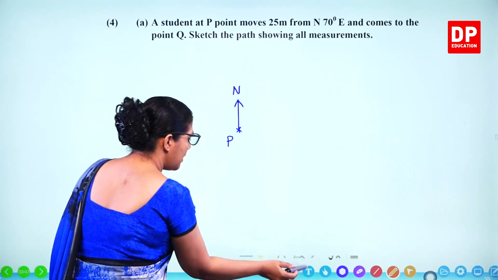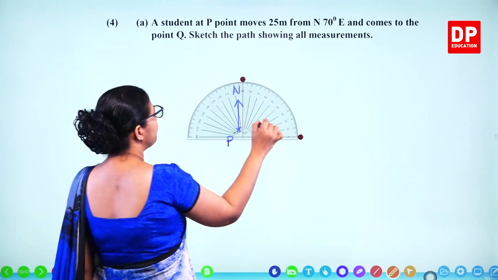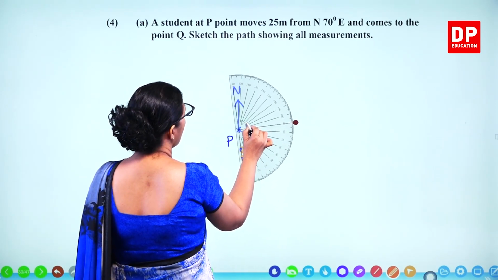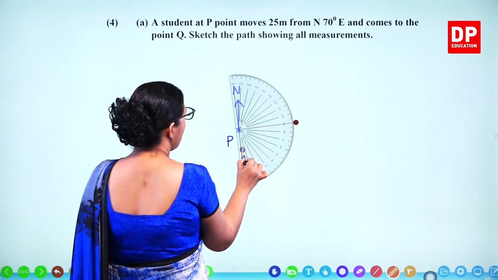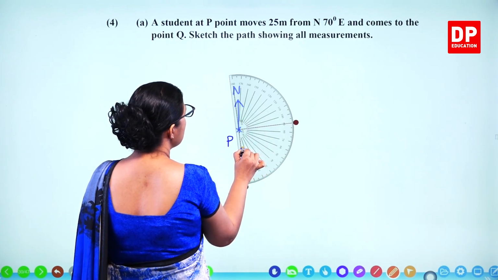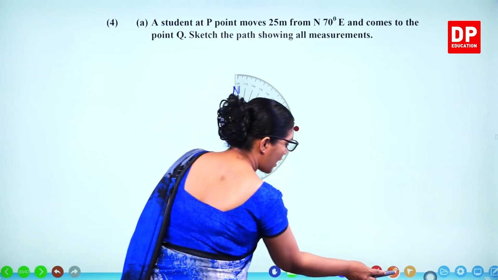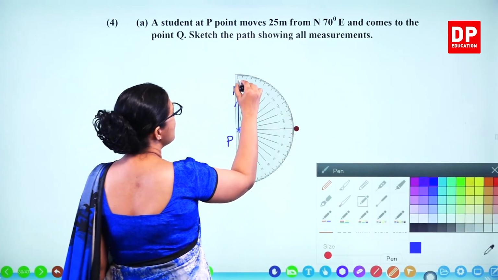So we can use the protractor and just roughly you can measure. But here it says a sketch. You don't have to measure actually, but I'll show you this one accurately.